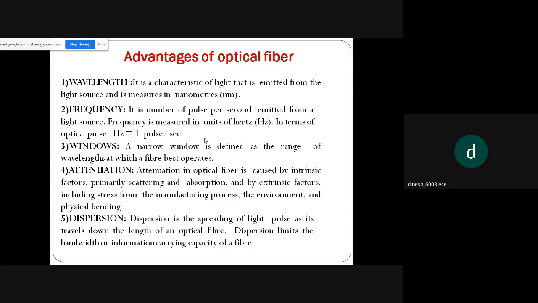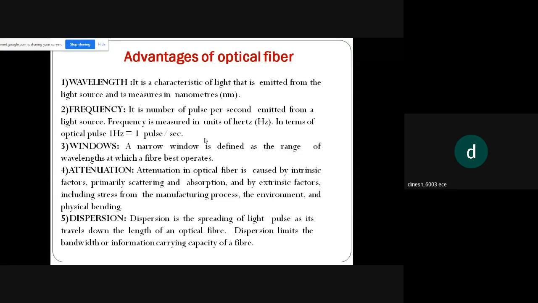The next advantage is lower attenuation as compared to electrical wires or electrical cables. Attenuation of optical fiber is caused by intrinsic factors, primarily scattering and absorption, and extrinsic factors. Those are the manufacturing defects, the environment, and the physical bending.